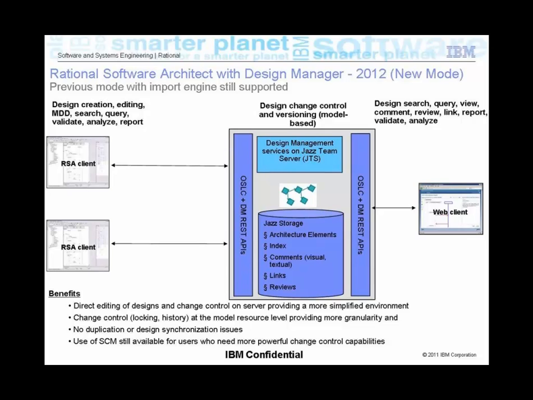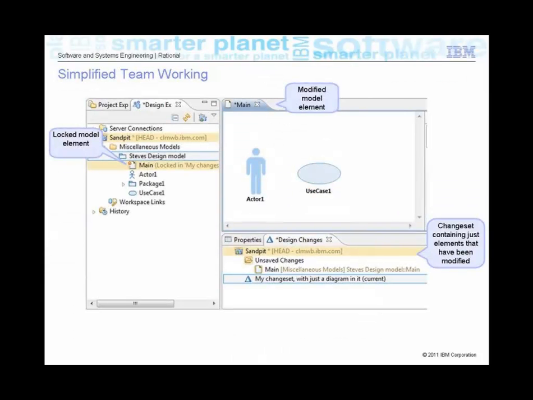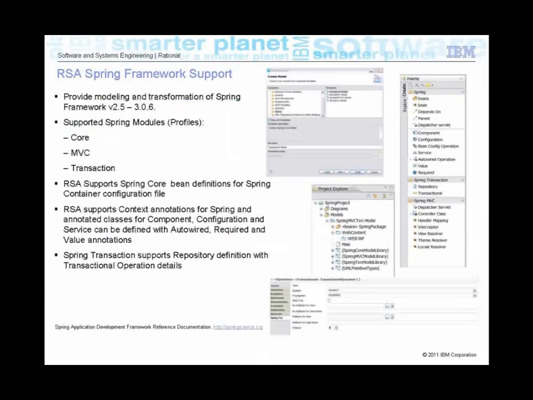Right. We've overrun a little bit, but let me whiz through the final RSA feature. So we've talked about the simplified team working. The next big thing for me is really around framework support, broadening out the technology support that RSA provides.